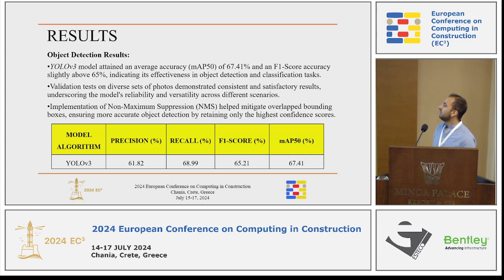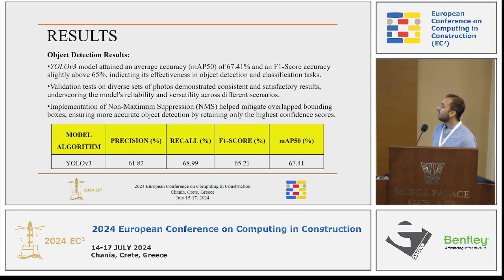For object detection, we have a YOLOv3 model obtained with an accuracy of 67% in terms of mean average precision, and an F1 score slightly above 65%. Validation tests took place on both trained and random photos with some satisfactory results, but also some phenomena of overlapping bounding boxes.